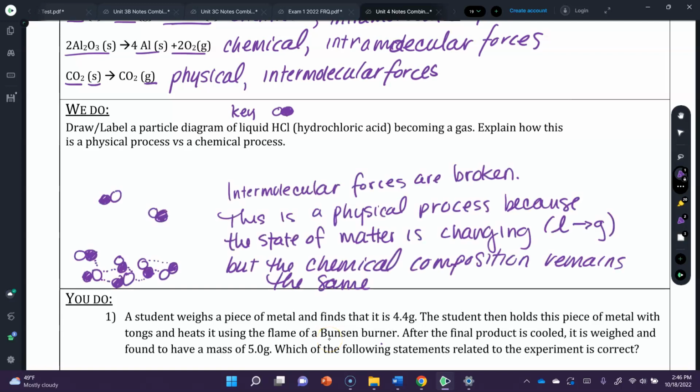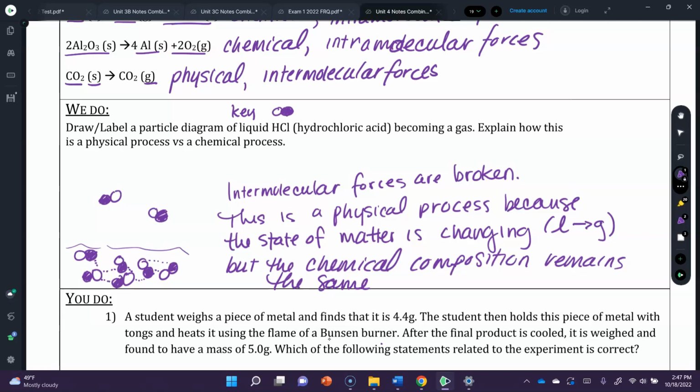Okay, so you should have had something that looks like maybe a liquid here where they're close together and you're showing intermolecular force interactions or attractions between the hydrogen and a different molecule's chlorine. Okay, and do those as dotted lines. And then you have some that are in the gas phase to indicate that this is a process, that some are becoming a gas.